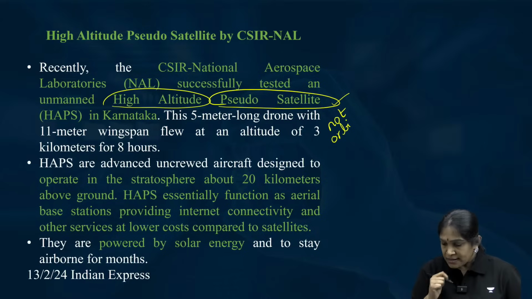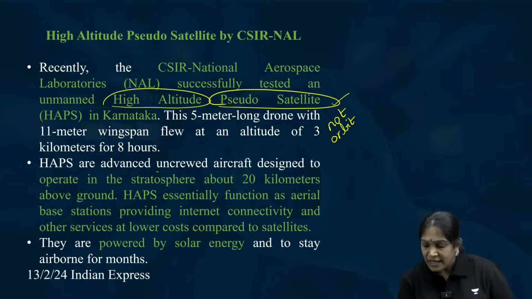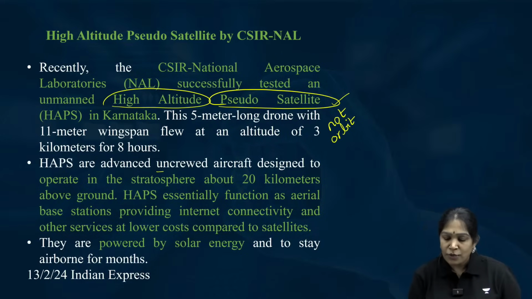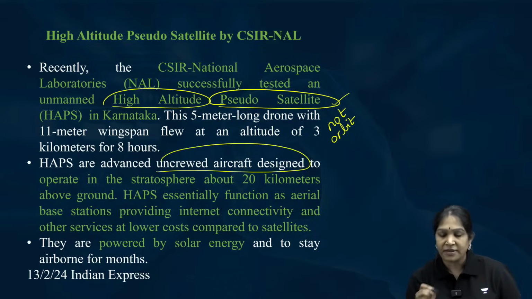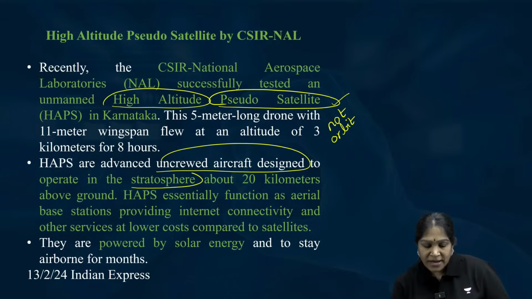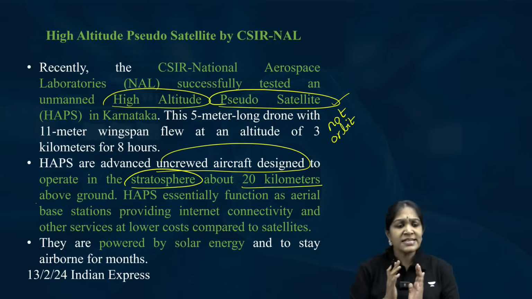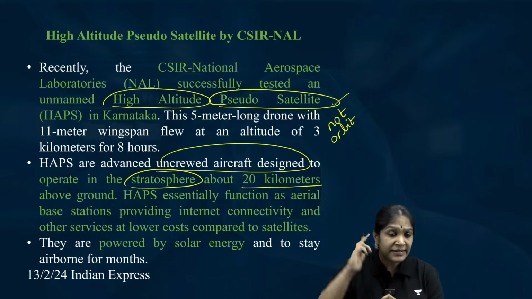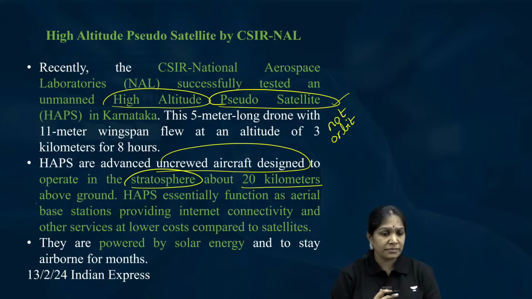They are uncrewed aircraft designed to operate in the stratosphere, 20 kilometers above the ground. Can any satellite orbit 20 kilometers above the ground? No, because there will be more gravity.